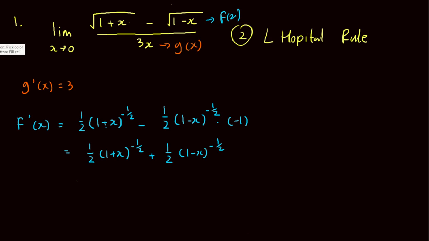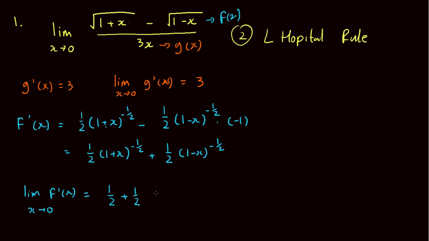Now what we can also do is find the limit for these individual components. The limit as x approaches 0 for g'(x) is obviously going to be 3, because it's a constant. For the limit of f'(x) as x approaches 0, it would be half plus half, right?